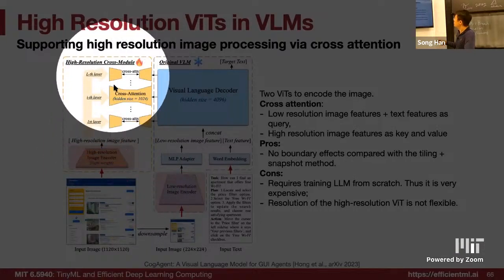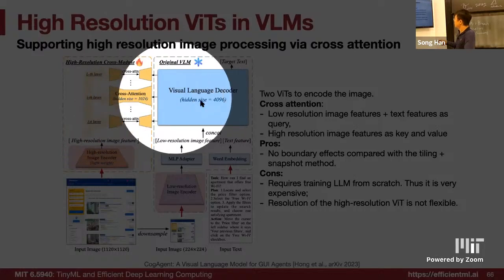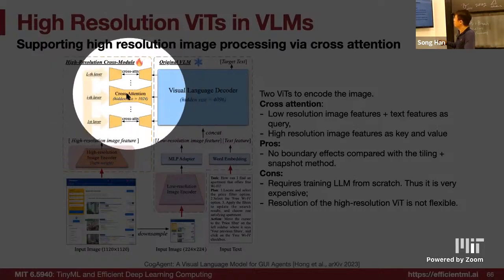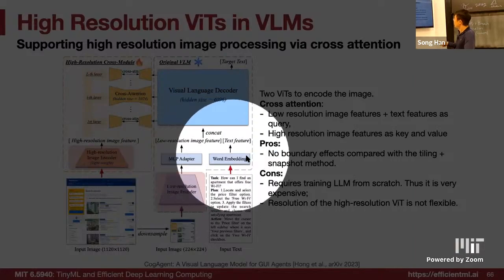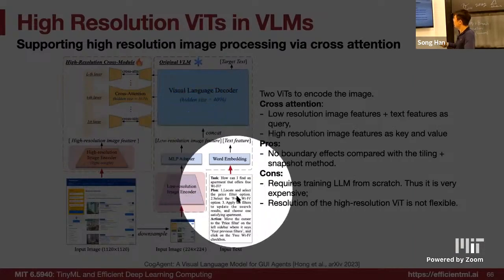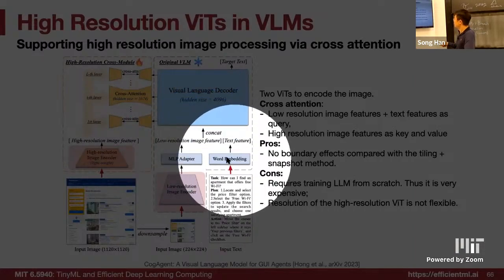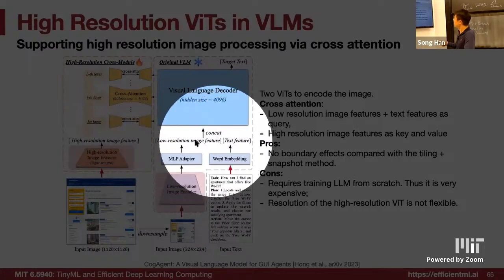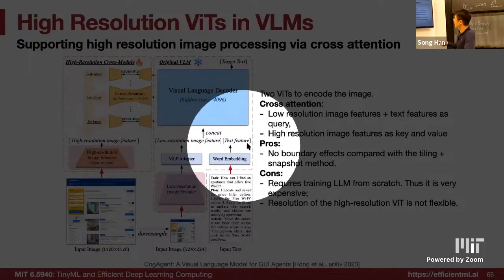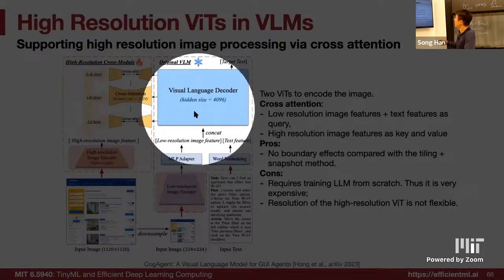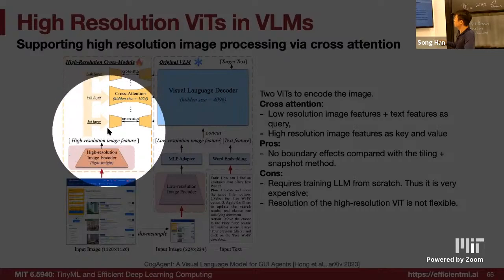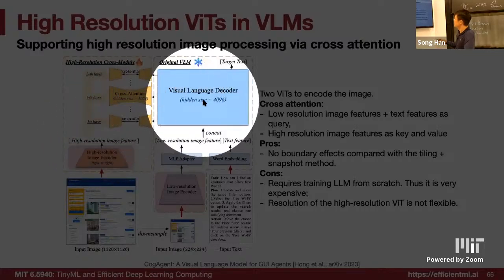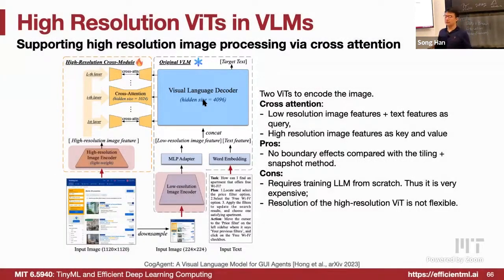The high resolution version is injected into the visual and language decoder using the cross-attention mechanism, while the output tokens of the low resolution image encoder are concatenated with the text token word embeddings through an MLP adapter. So the low resolution image feature is concatenated with the text feature and fed to the visual language decoder, while the high resolution image feature is injected here through cross-attention.